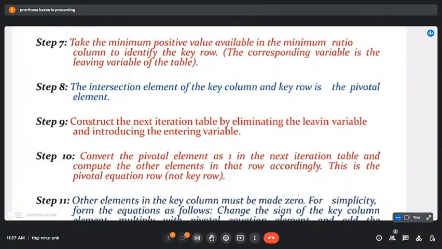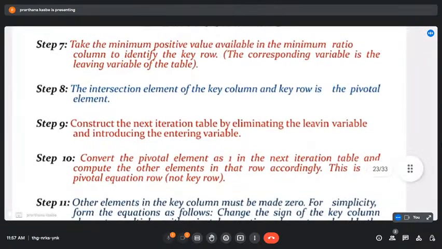The corresponding variable is the leaving variable of the table. Next, the intersection element of the key column and the key row is the pivotal element.